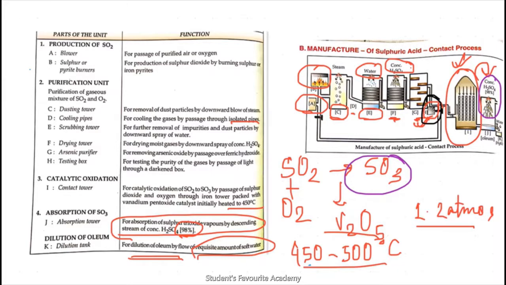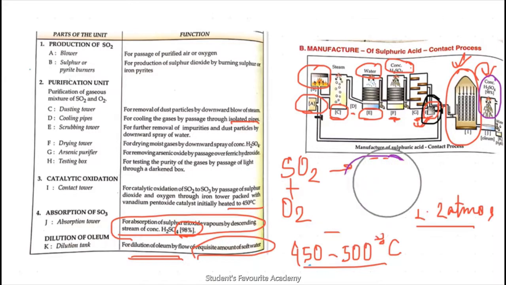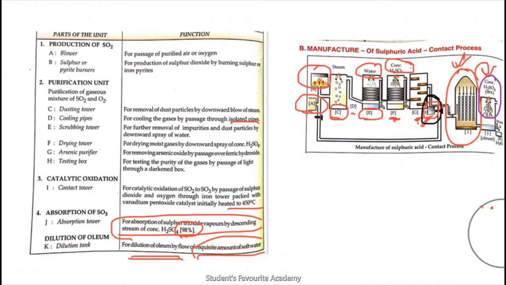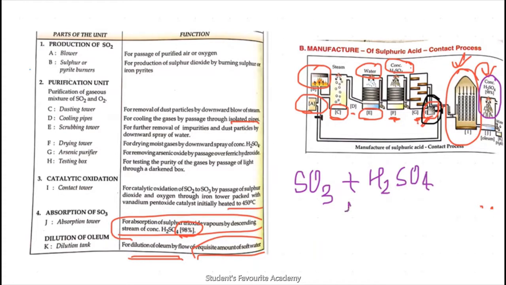And then what happens in the last process? What is the thing that is being prepared? Once it passes through the absorption tower, the SO3 which is there is reacted with concentrated H2SO4. Whatever I am getting is H2S2O7, which is pyrosulfuric acid, and in short it is also called oleum.